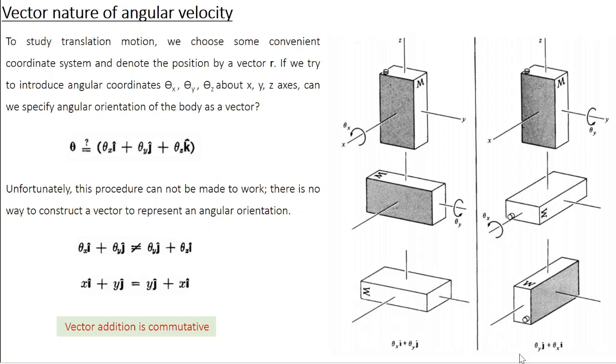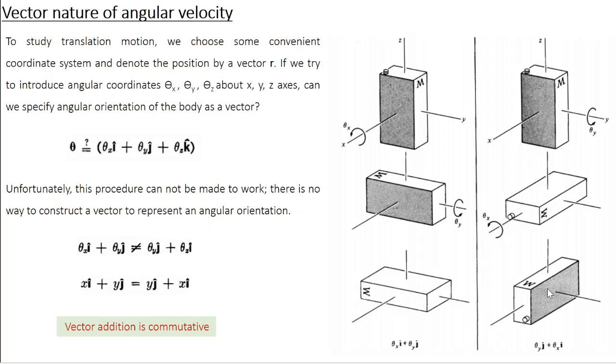Now let me calculate theta y j cap plus theta x i cap. So here you perform theta y first, followed by theta x. So you rotate the object around the y-axis in the counterclockwise direction by 90 degrees. You get this geometry. Now you rotate it around the x-axis counterclockwise by 90 degrees.